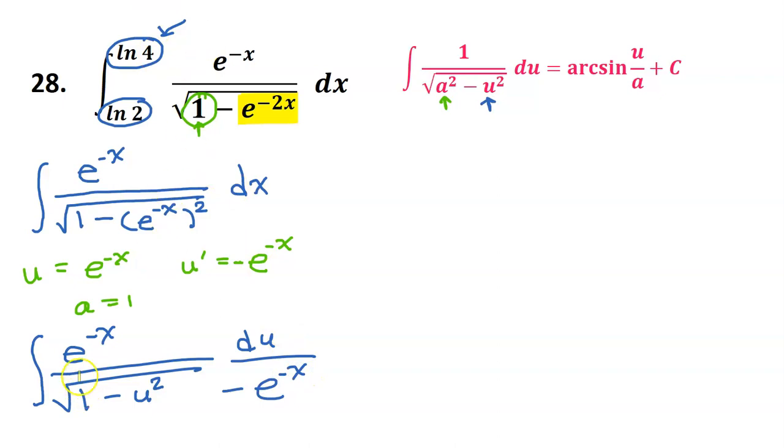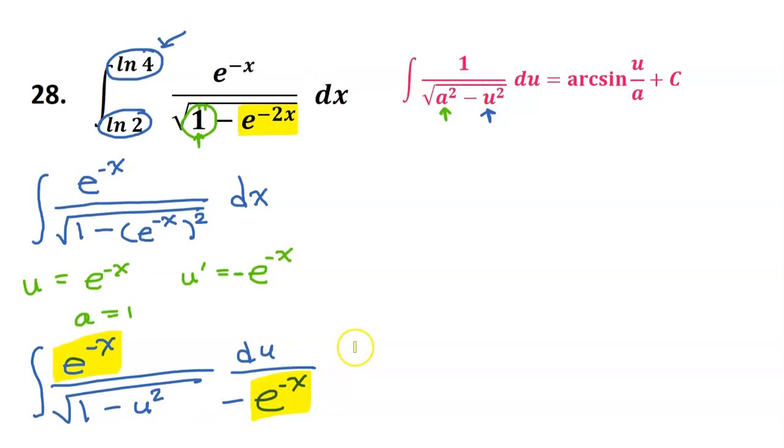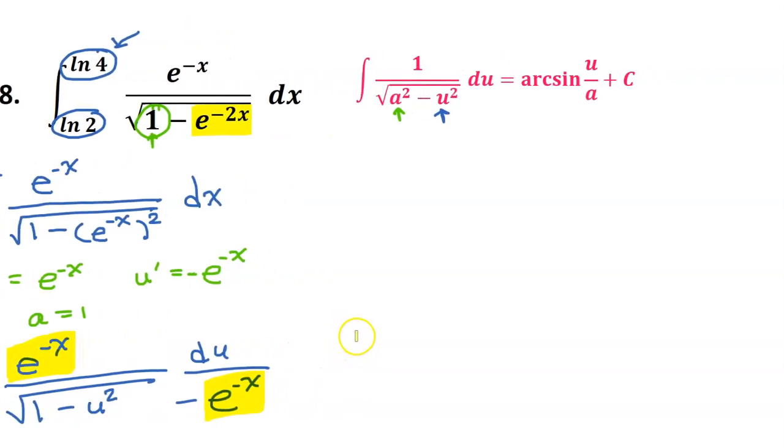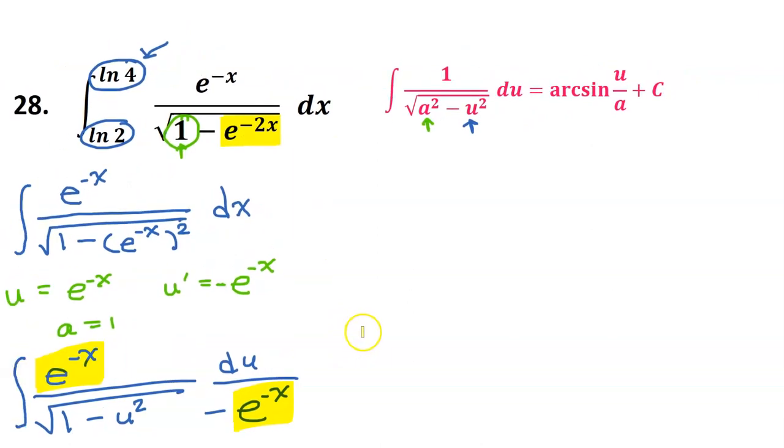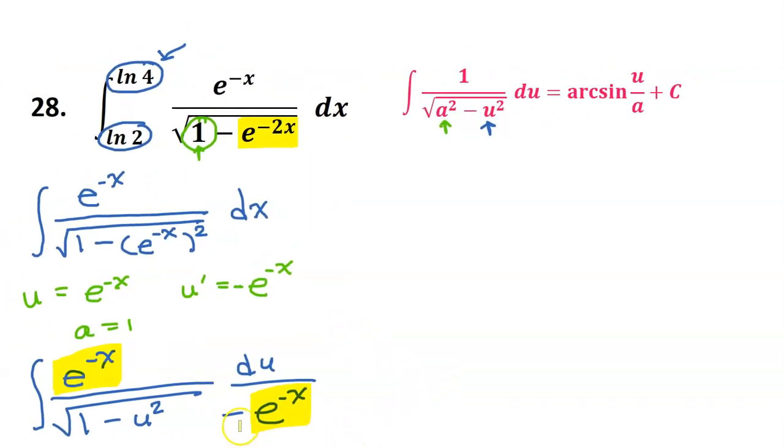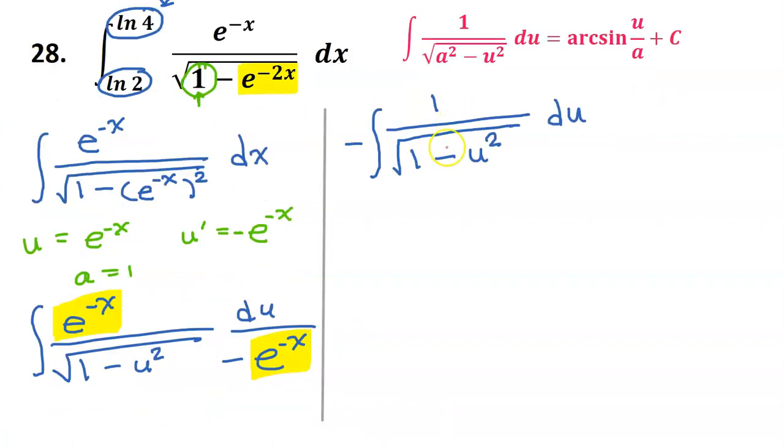Right away, I notice that we have e to the negative x in the numerator and the denominator. Those will cancel each other out. However, there's still a negative sign, so don't forget about that. Now that we have a perfect match with the rule, we can go ahead and integrate.